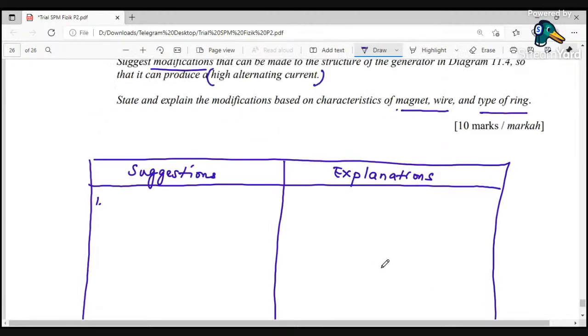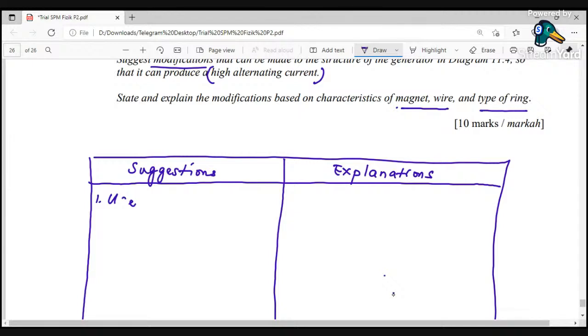So, characteristic of magnet: use a stronger magnet. If you know the name of the magnet, you can write, use neodymium magnet. Neodymium magnet is a very strong magnet.